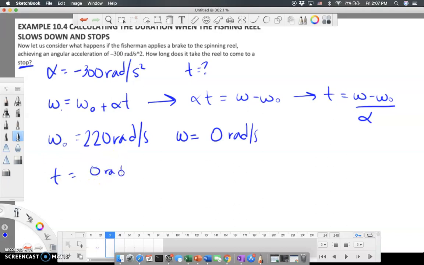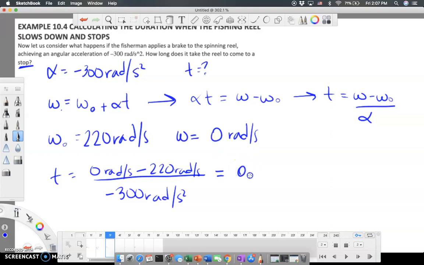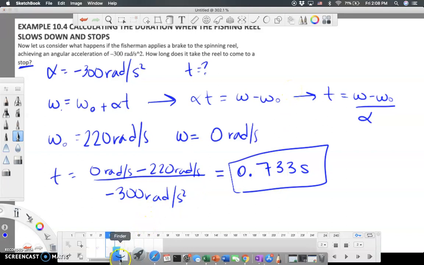We have 0 radians per second minus 220 radians per second divided by our alpha, negative 300 radians per second squared. And so we have 220 over 300, which gives us 0.733 seconds. So this is the amount of time for the reel to come to a stop.